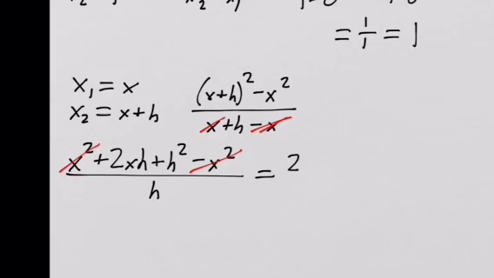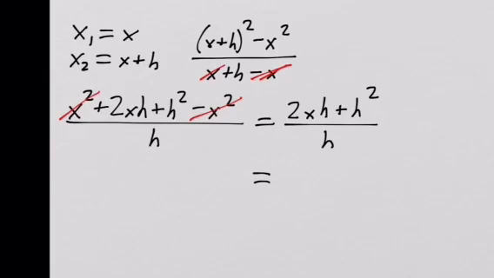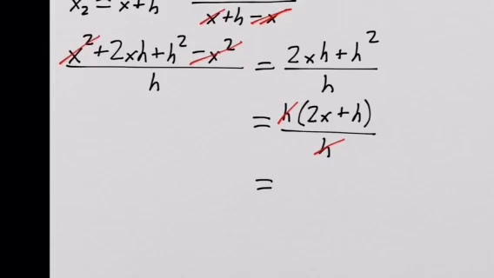So I get 2xh plus h squared over h. Now let's factor that numerator. I have h times 2x plus h over h. And then we can cancel the h's and we get 2x plus h.